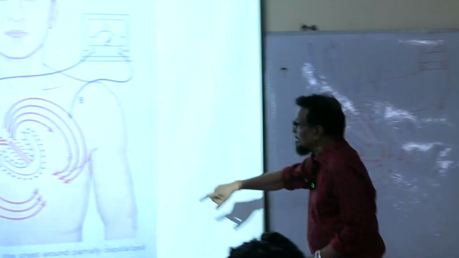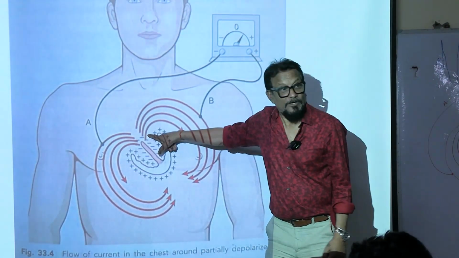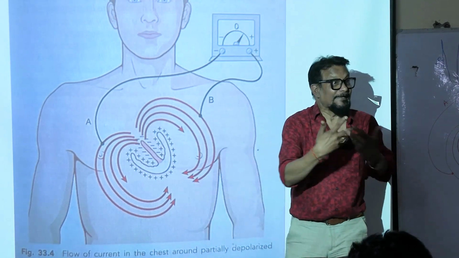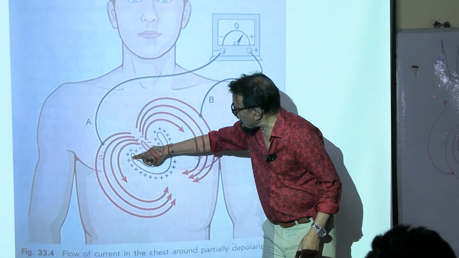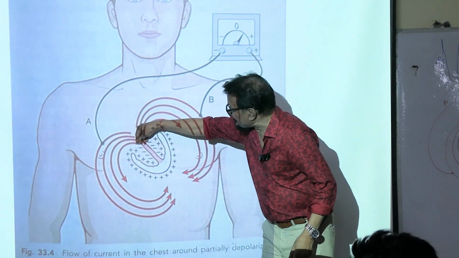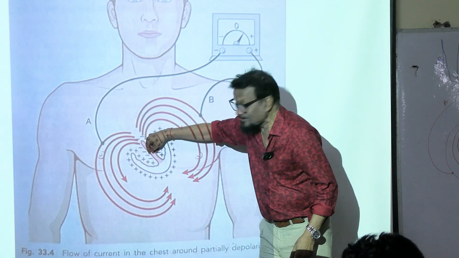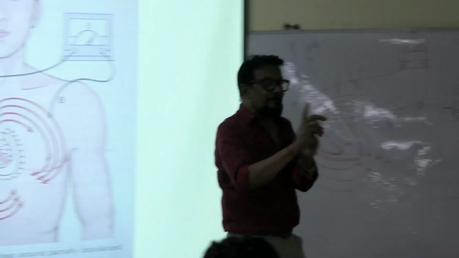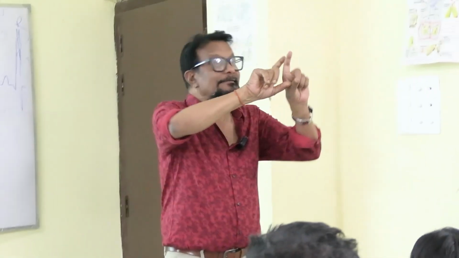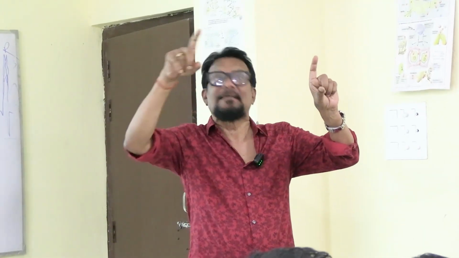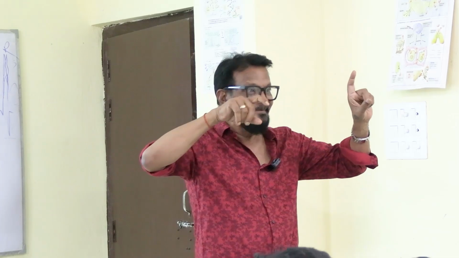And is this the permanent condition? No. It is changing. Now this part is negative; gradually this part will become negative, and this part will start to become positive. So every time there will be change. That's why in the ECG wave, it is changing every time, it is not fixed.